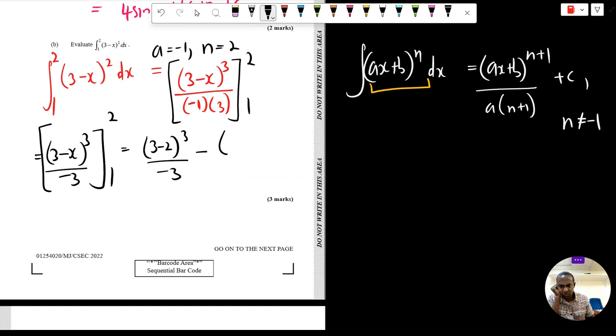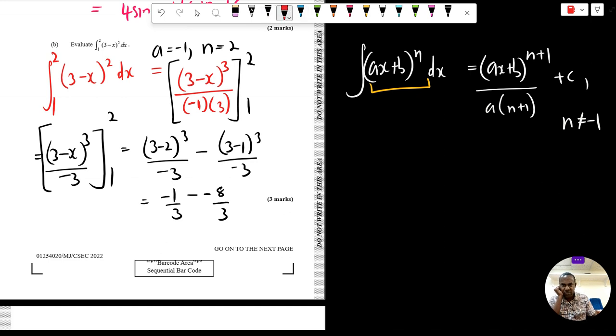When x equals 1, we have (3 minus 1) cubed over negative 3. So 1 cubed, that is just 1. So we have minus a third minus, and this becomes 3 minus 1, 2. 2 cubed is 8 over minus 3.